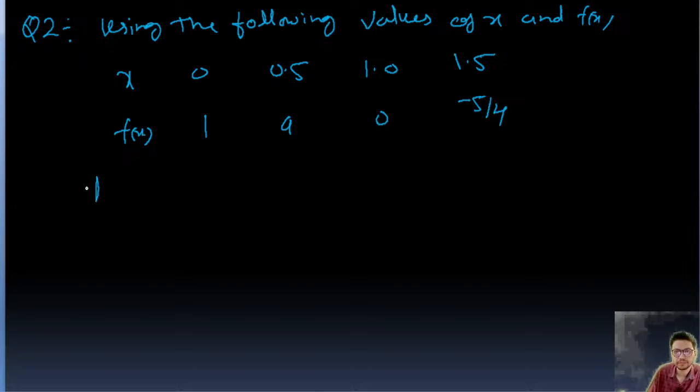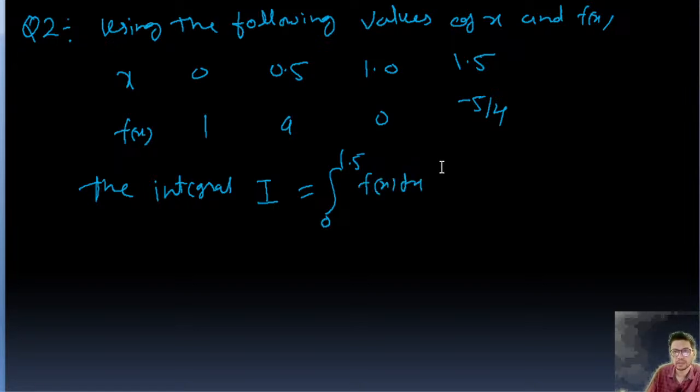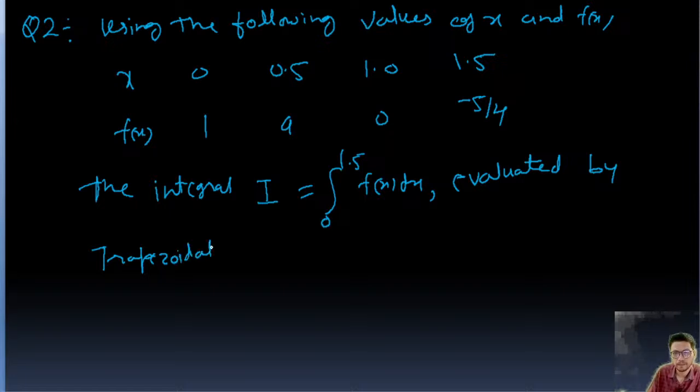The integral I, which is the integration from 0 to 1.5 of f(x) dx, evaluated by trapezoidal rule, is 5/16.